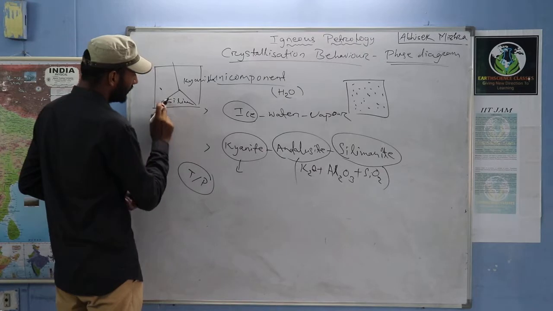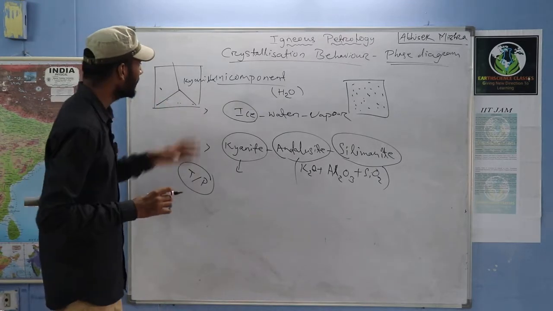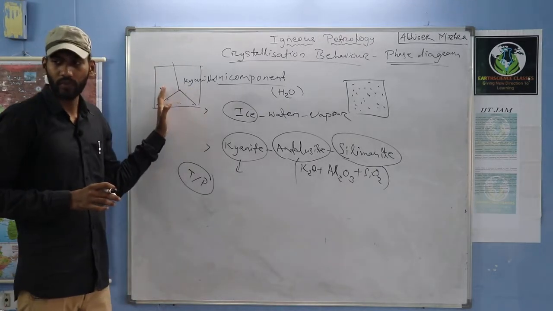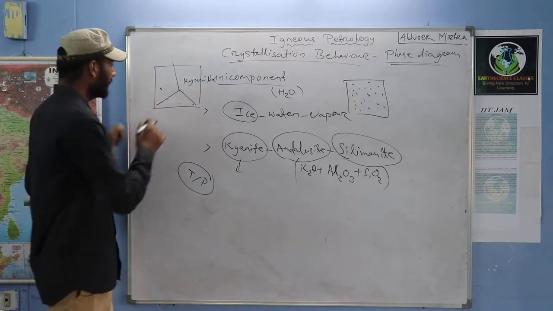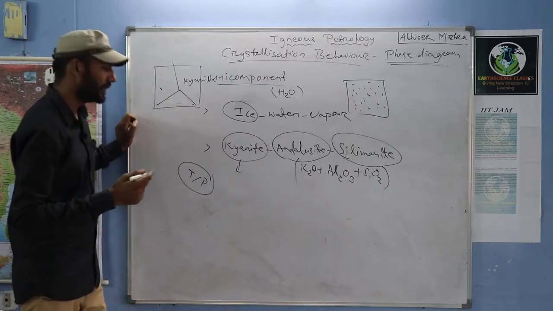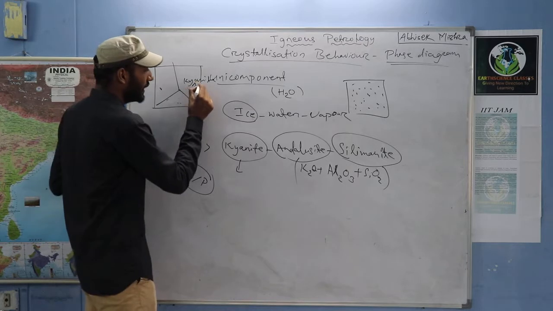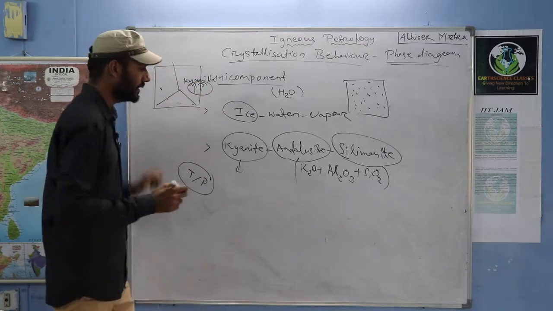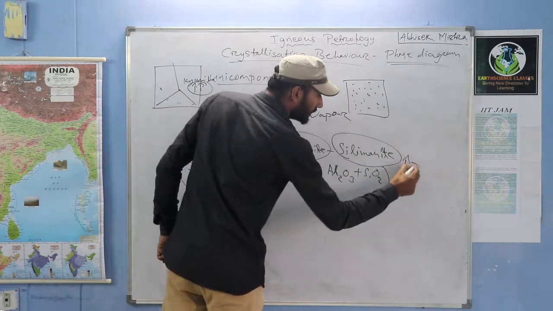I think I am wrong. This is andalusite. I cannot remember that, but still, this one is kyanite, this one is andalusite. Or is andalusite not high temperature? Well, I cannot remember, but still, kyanite is high pressure and sillimanite is high temperature.